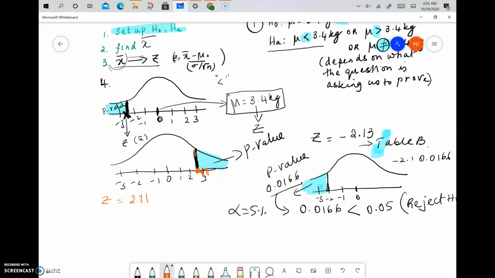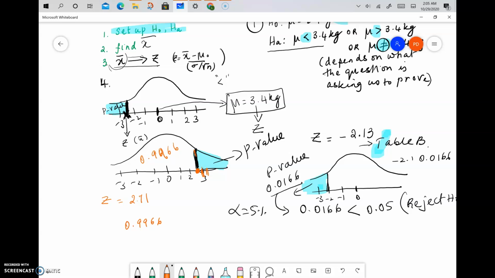It'll be on the second page of the table because it's a positive z value. So we have 2.71, which is 0.9966. So the table entry is 0.9966. But the table entry always gives us the area to the left. Just remember this, always. The table that we have in our textbook shows us the area to the left.